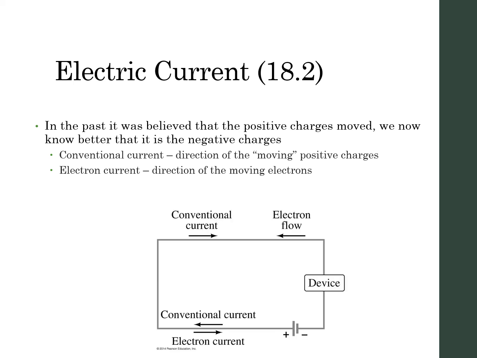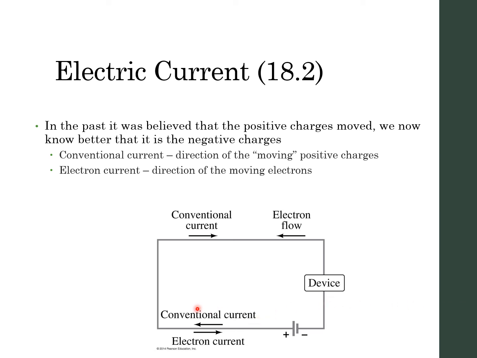So this image here is a schematic for the different ways that current flows. Here we have our battery, with our positive electrode and our negative electrode. It's in a circuit that is attached to some device that we don't know what it is.